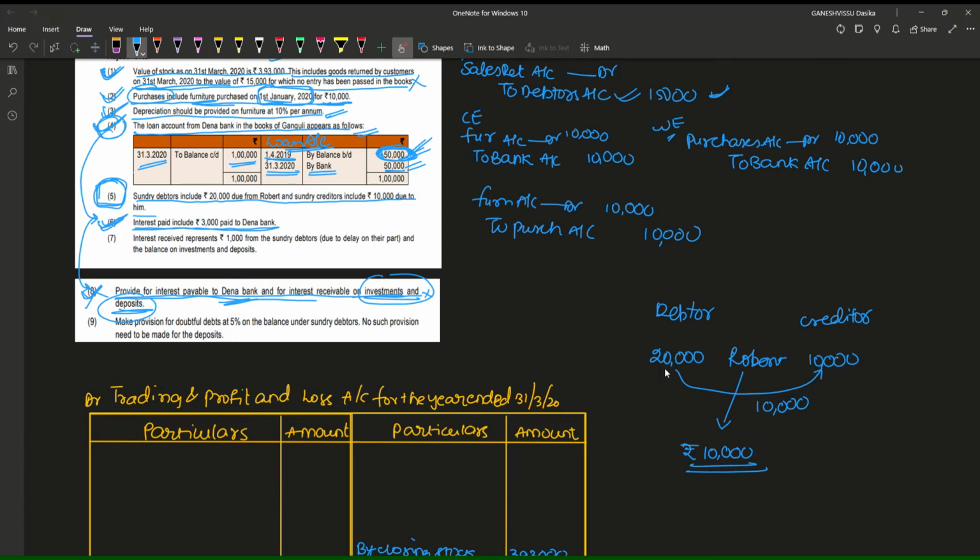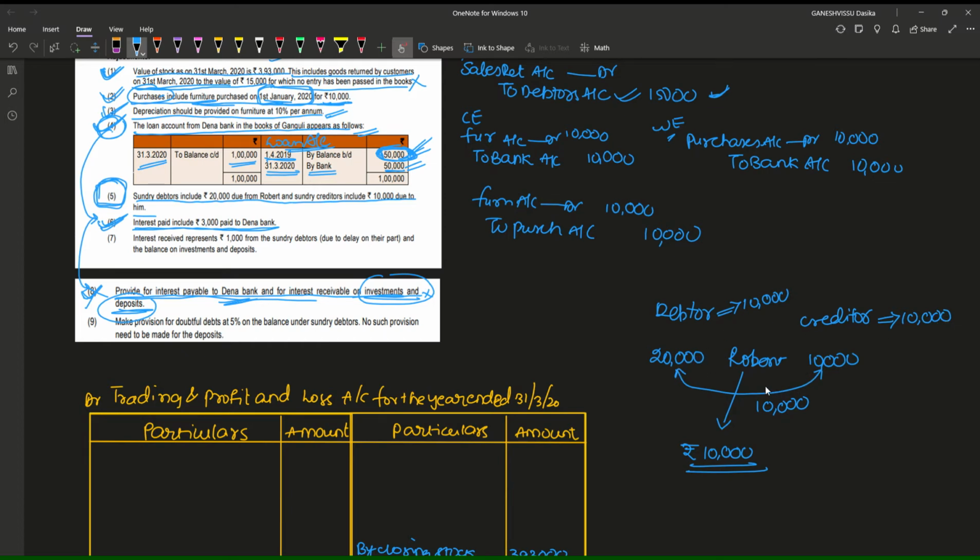Then it is not required to record this creditors by rupees 10,000. That means if we deduct the debtors value by rupees 10,000 and if we deduct the creditors by 10,000, then we can set off this adjustment.